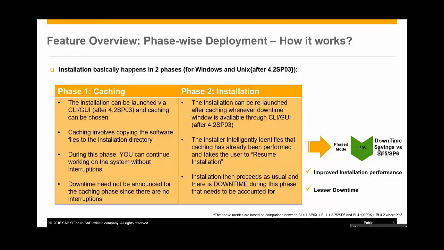The savings we have seen based on our benchmark tests show that an upgrade from 4.1 SP5 or SP6 to 4.2 requires nearly 30% lesser downtime. That is a significant advantage this feature brings to you.